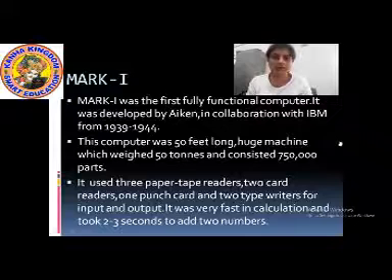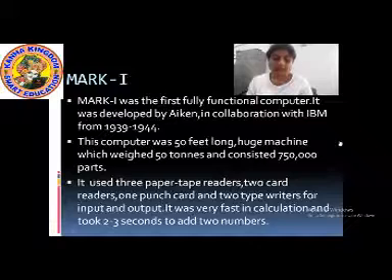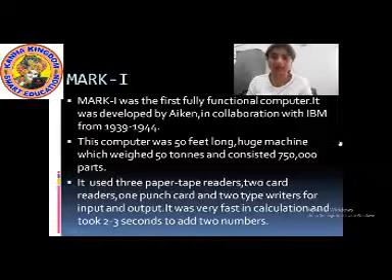It was not very easy to move this computer. And this computer consisted of 750,000 parts. Many parts.